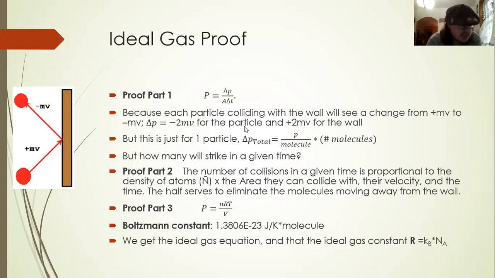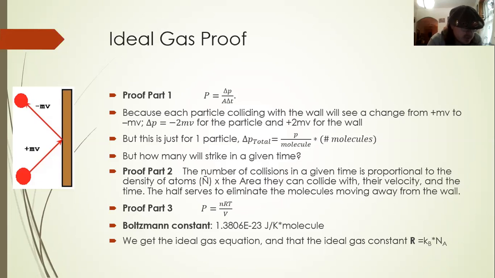Now, that is just looking at one particle here. We have thousands of molecules of gas or particles of gas, so we need to scale this up. What is the total momentum that this wall is feeling?